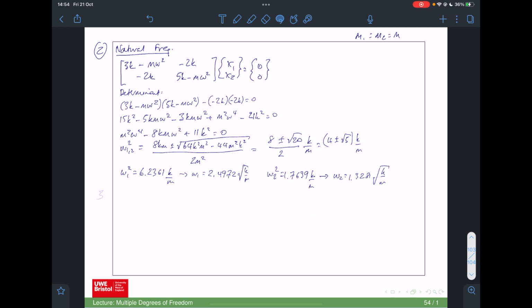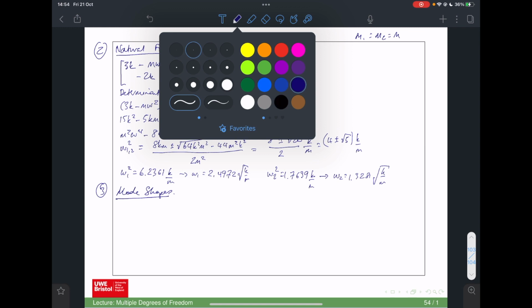And step 3. So we've got our two natural frequencies there. I'll put them in red.